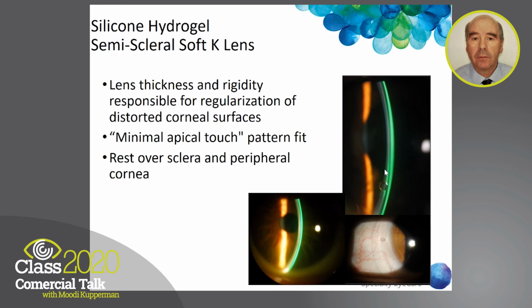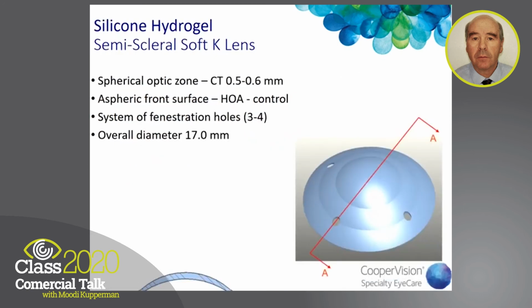There is no real touch, only maybe at one point just to ride on. So the lens is nicely vaulting the cornea. We can see the nice sitting of the lens over the cornea. There is no problem with blood vessels, so we get very nice vision and comfort with this lens.